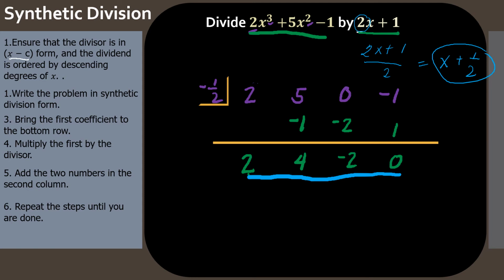So, meron tayong 2 divided by 2 is 1, 4 divided by 2 is positive 2, and negative 2 divided by 2 is negative 1. So, ang magiging final answer natin ay, we have x raised to 2 plus 2x minus 1.